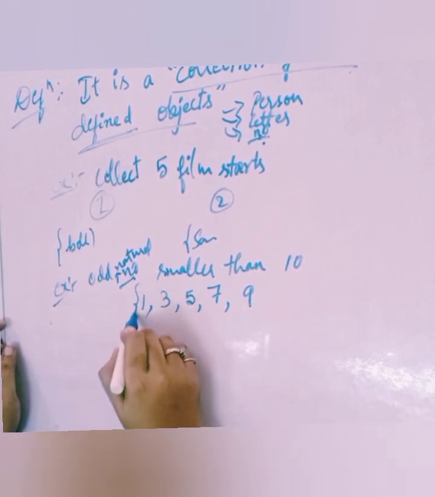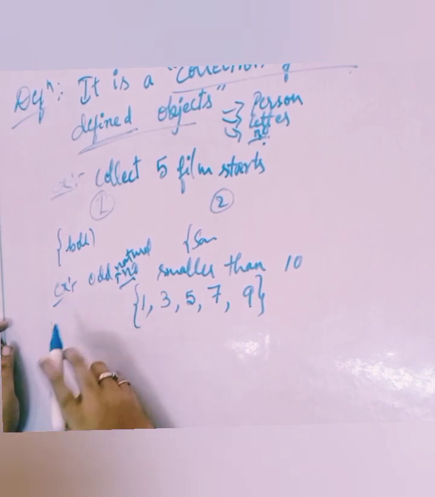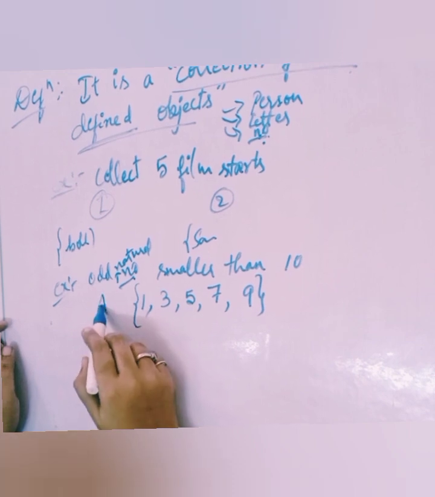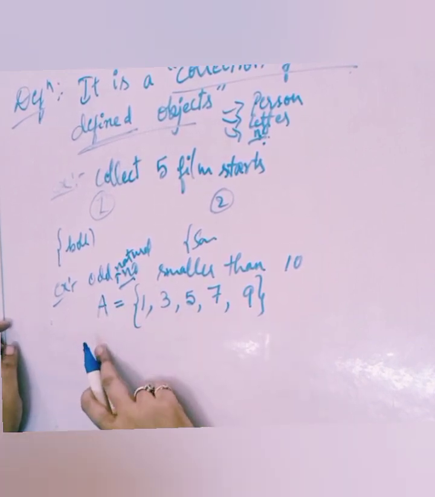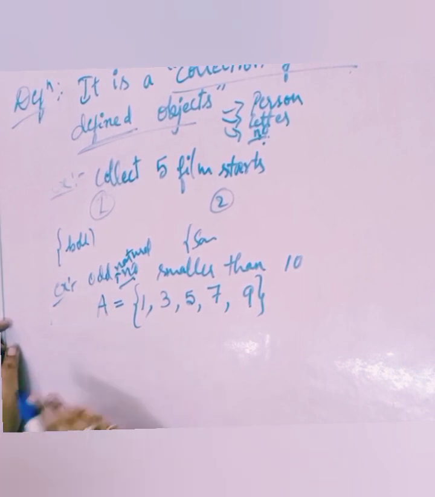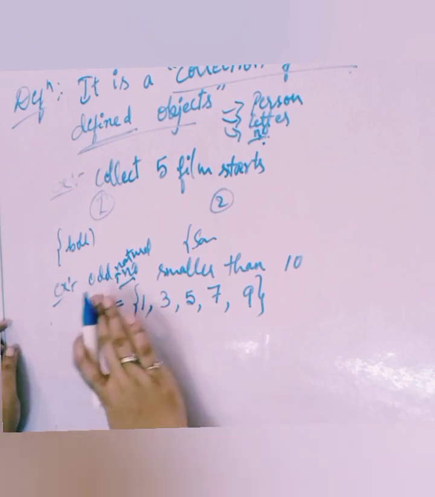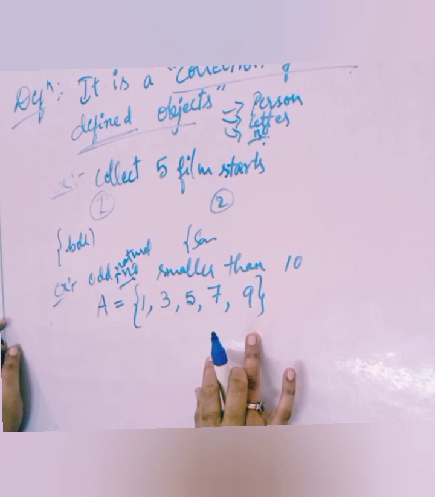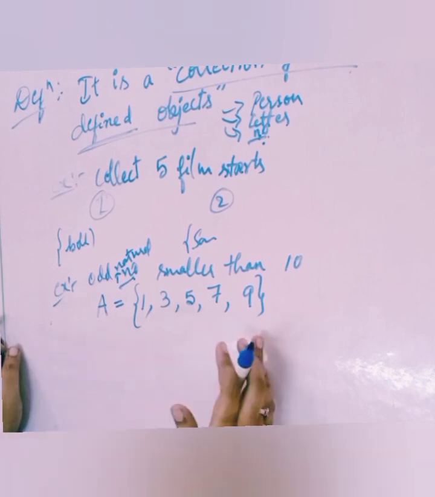And we need to close this by curly braces, and we need to denote that by a capital letter of the alphabet. You can denote it by B, you can denote it by C, but it needs to be a capital letter. So this is the first example. Odd numbers smaller than 10, in curly braces, represented by one capital letter.